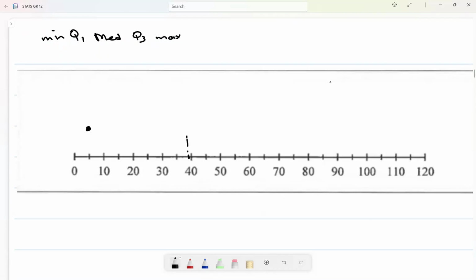I like to do the dots, all of the dots. And then the median was something like 66, 65, 66, 65. I'll use 66.